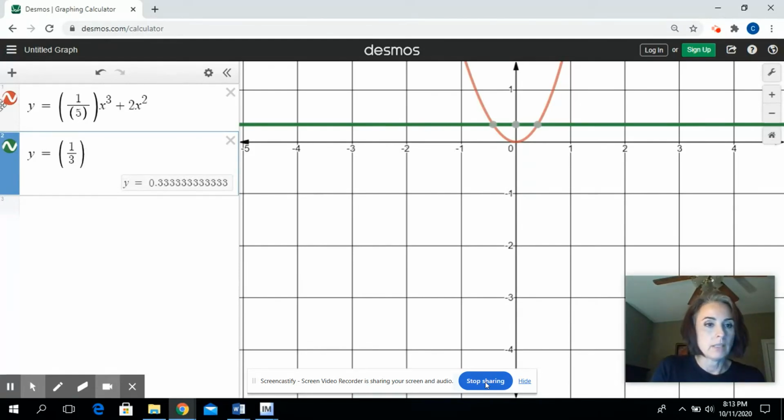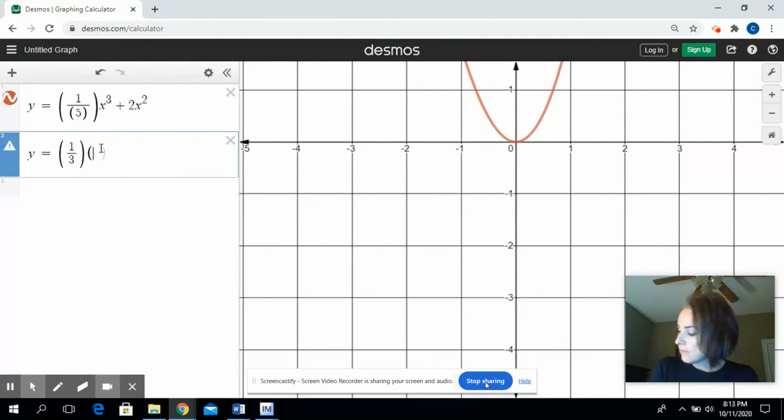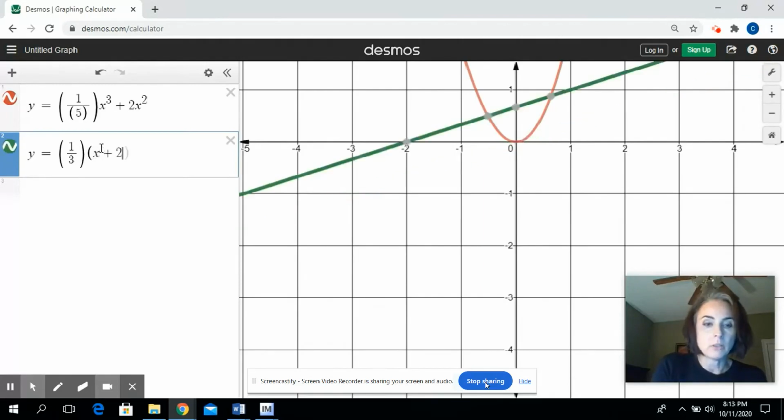Just do it like that. I guess it put those extra parentheses in there, but that's okay. And then you're going to have x plus 2.